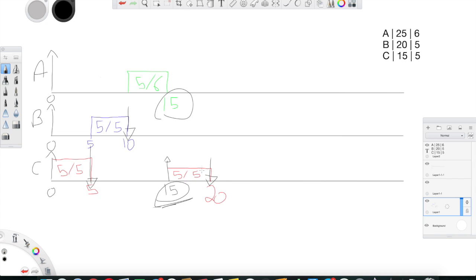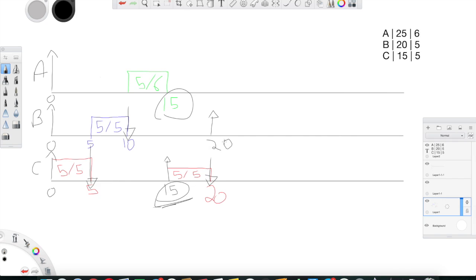Therefore, we drew a downwards arrow. At clock tick 20, task B arrived back to the system. Why? Because its period is 20. So it originally arrived at 0, it will arrive at 20, it will arrive at 40, etc. So here at 20, task B arrived back to the system.